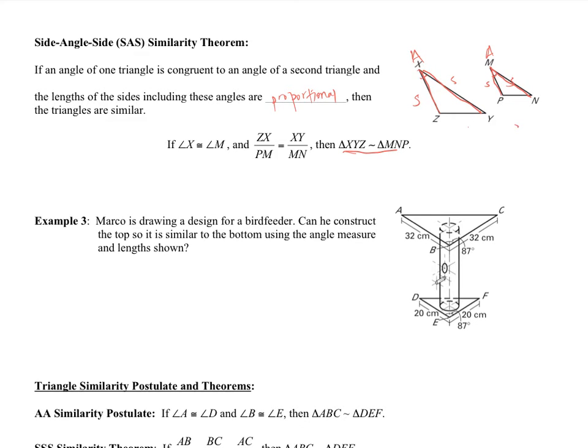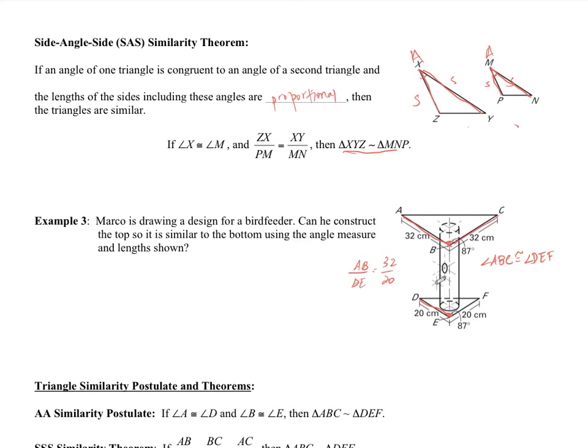Okay, let's look at a real life example. Marco is drawing a design for a bird feeder. Can he construct the top so it's similar to the bottom using the angle measure and the lengths shown? If we look at the angle measure here, angle ABC is congruent to angle DEF. And we also see that AB to DE are corresponding sides, so 32 to 20.